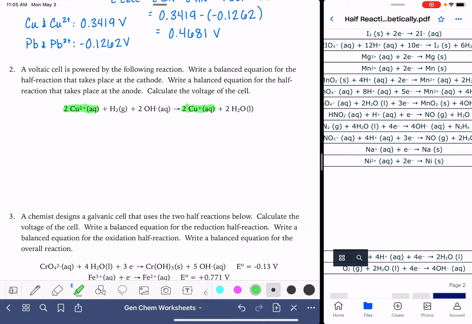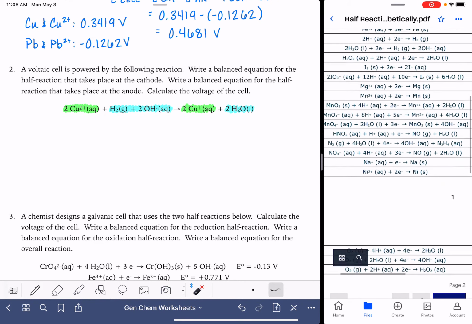And so, it makes sense to me that I'm going to keep these two chemicals together because they're both copper. I'm going to keep them together in a half reaction. And then for my other substances, I have the H2 and OH- hydrogen and oxygen atoms going to H2O. So I've just highlighted the basics of the two half reactions.